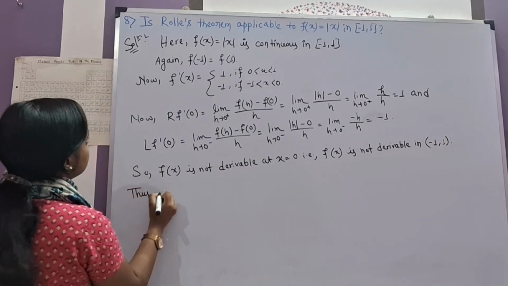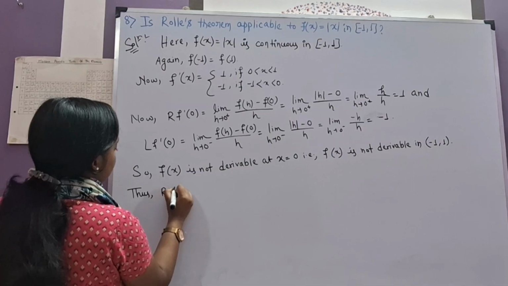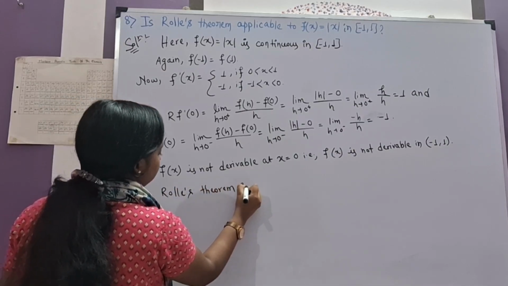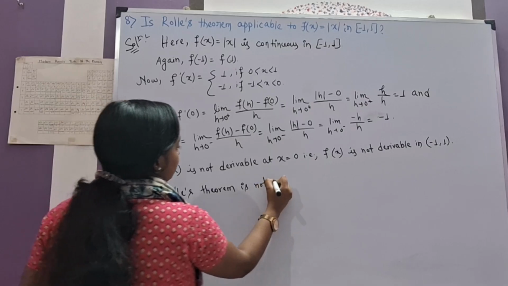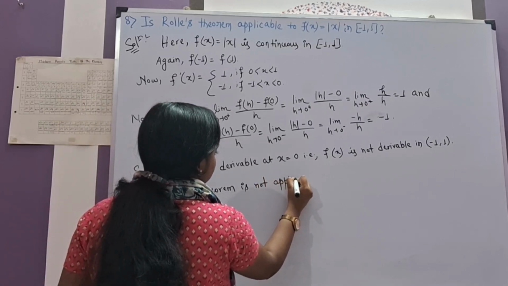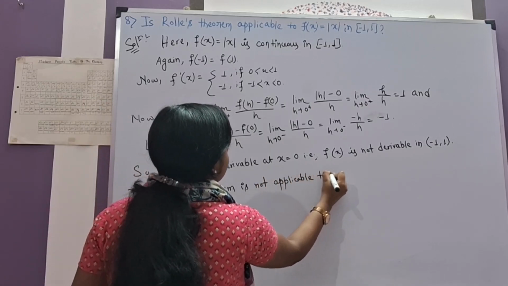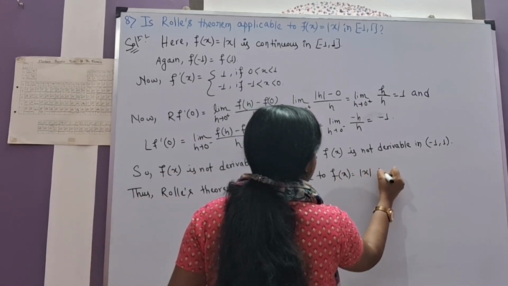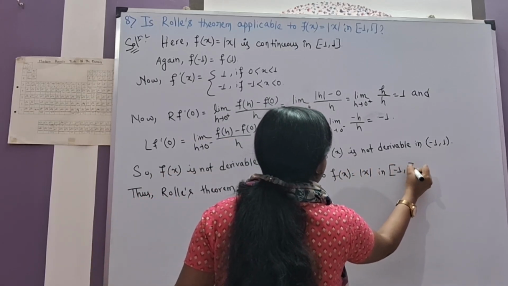Thus Rolle's theorem is not applicable to f of x equal to mod x in closed interval minus 1 comma 1.